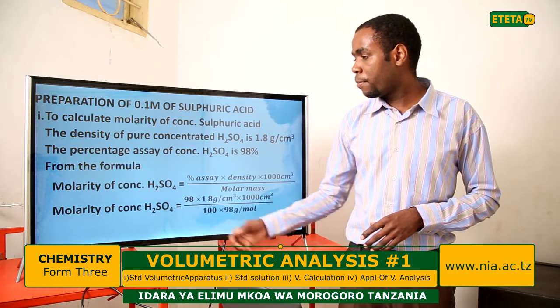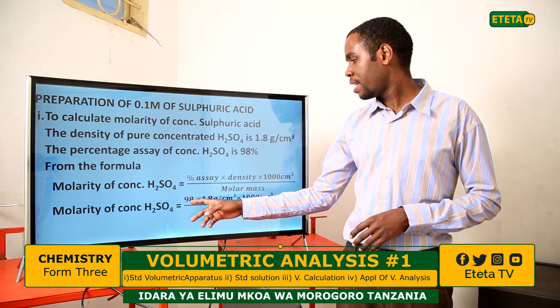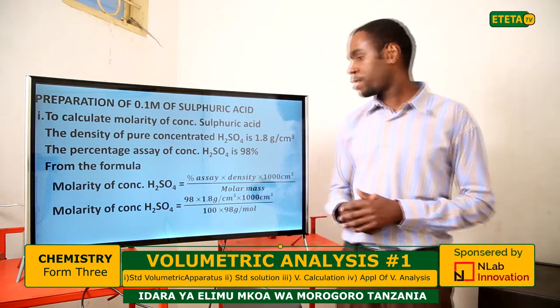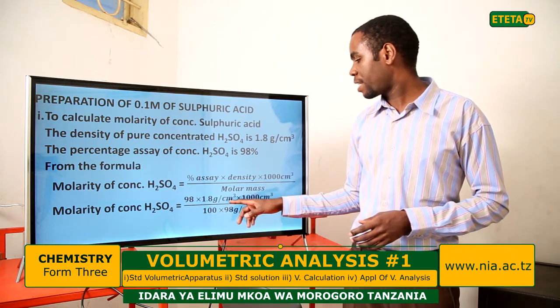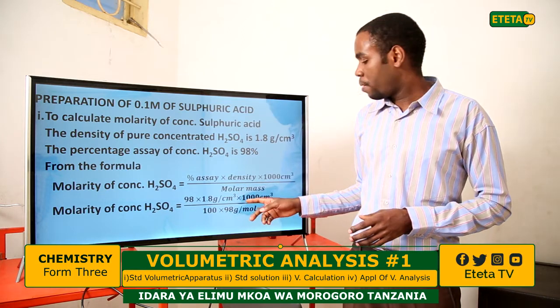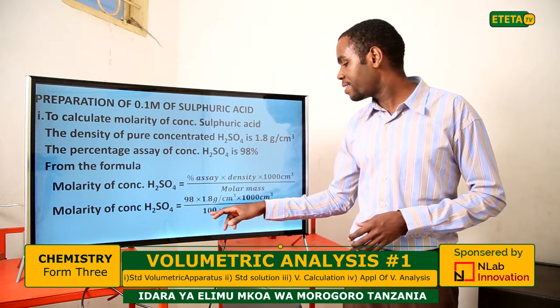Now, the molarity of concentrated sulfuric acid will be equal to 98, as the percentage assay of sulfuric acid. We multiply by 1.8 gram per centimeter cube as the density of sulfuric acid. We multiply by 1000 centimeter cube. We divide by 100.